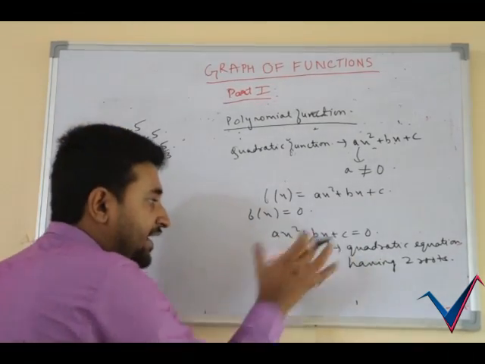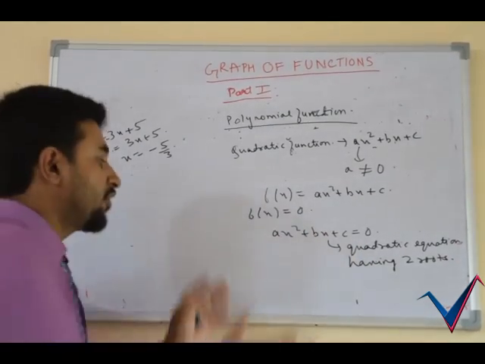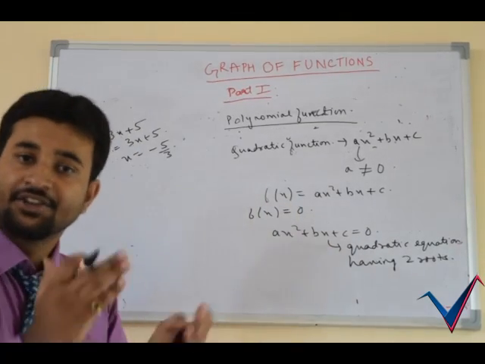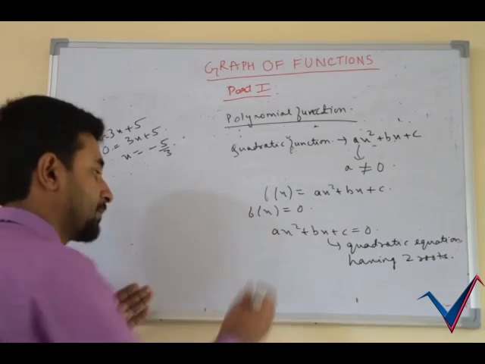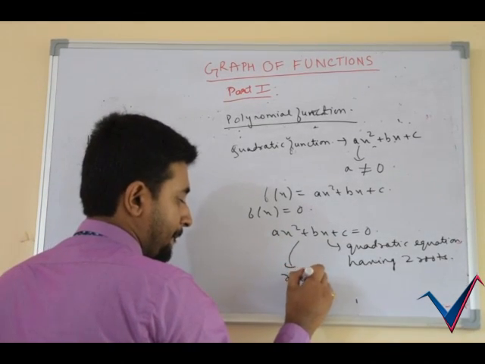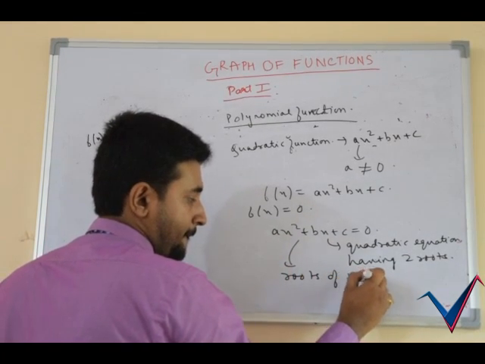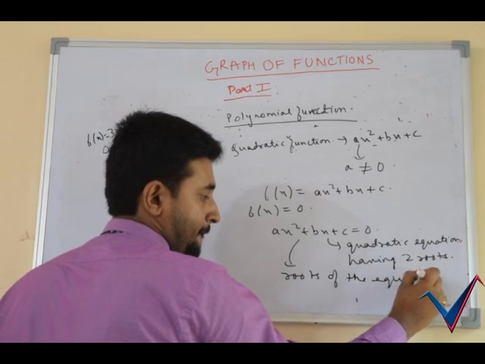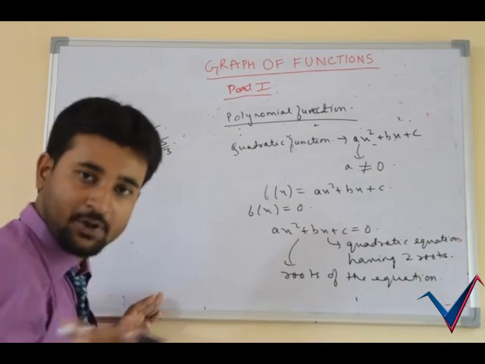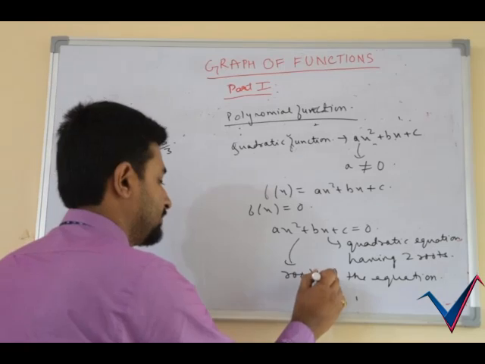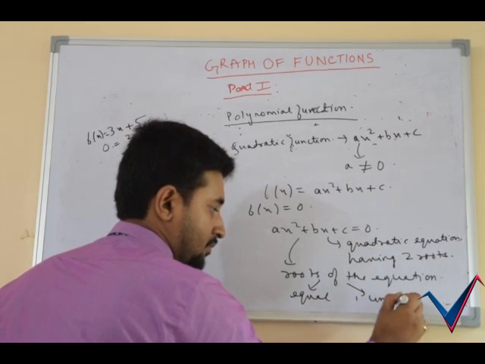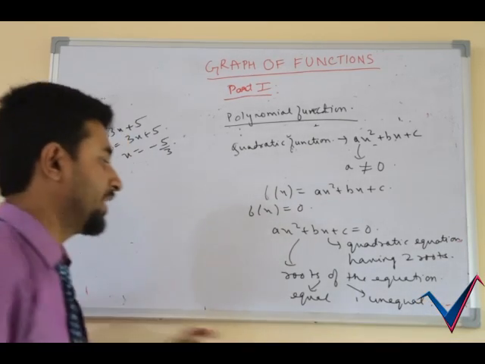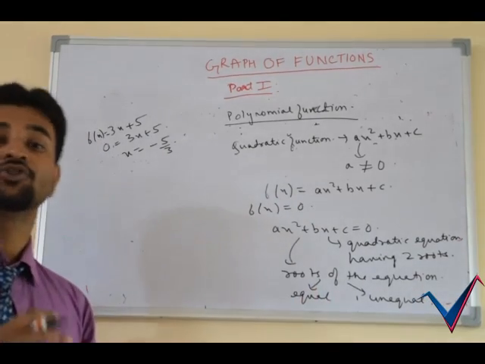Similarly, here you will get two values of x for which this whole expression will be 0. Those two values are called the roots of the equation. They may be equal or unequal.